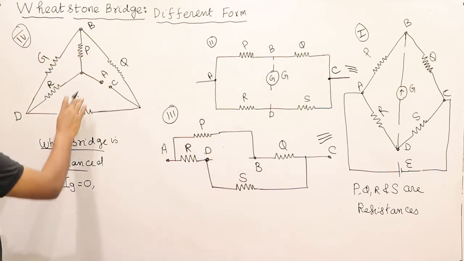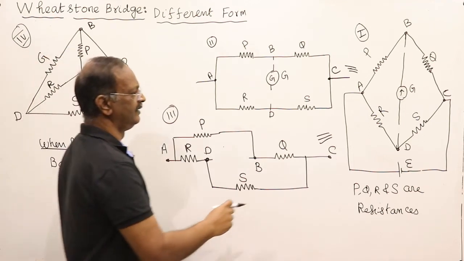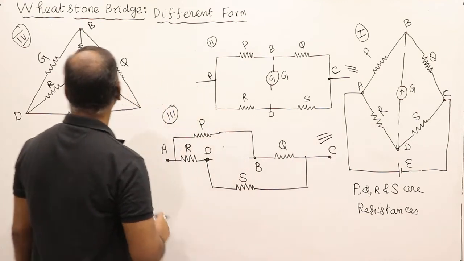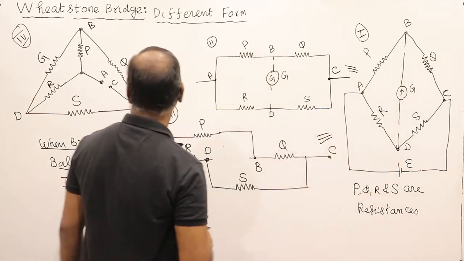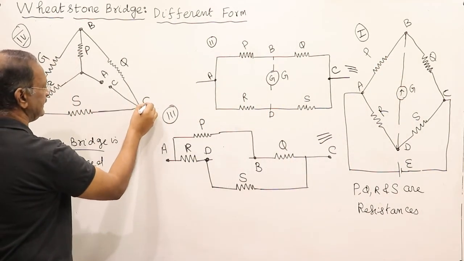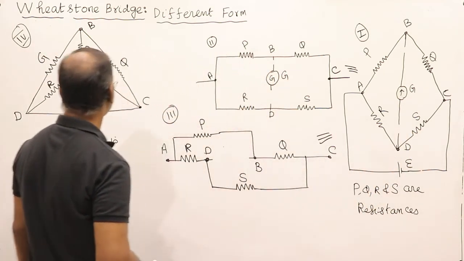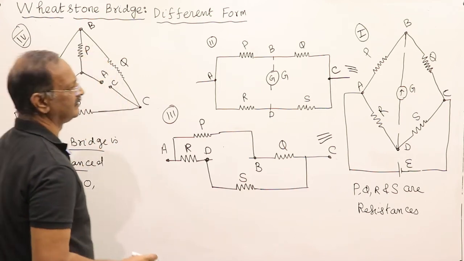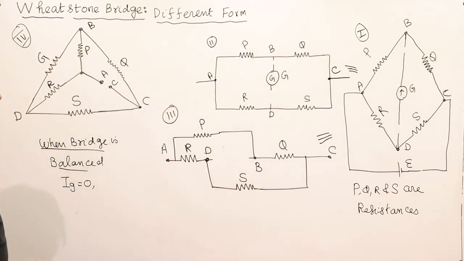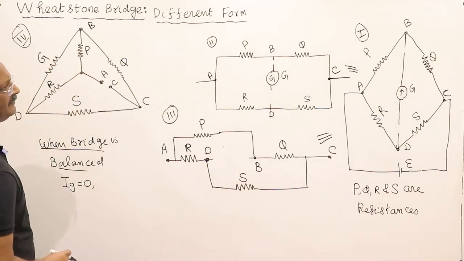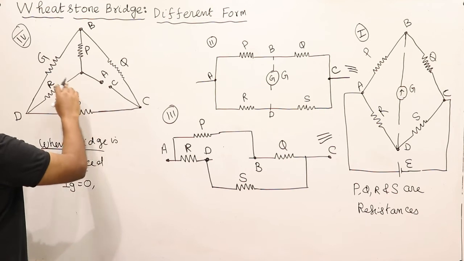Now the third one. This is also point A: between A and D, R is connected, and between A and B, P is connected. This is also point C: between C and D, S is connected, and between C and B, Q is connected. Under balanced condition, the galvanometer connected between B and D can be removed.